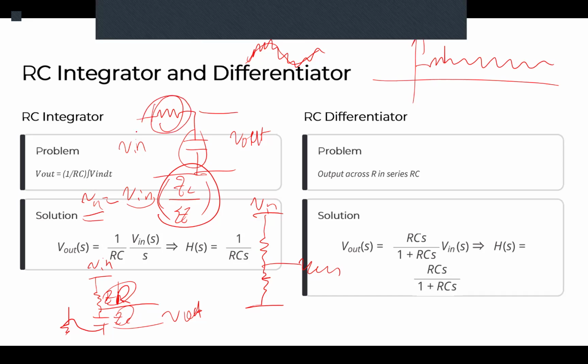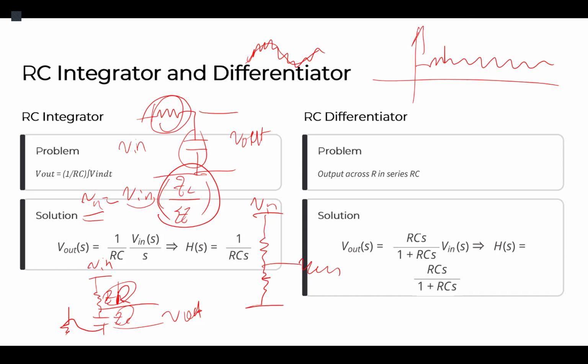What is the relation between V and I at the resistor? It's a linear relation between I and V, correct?